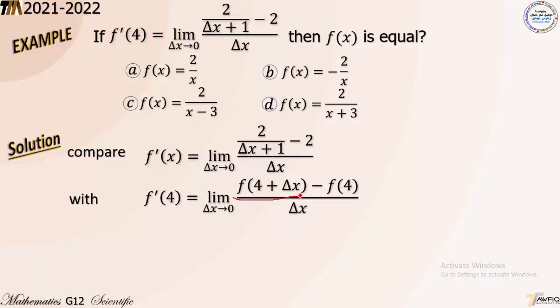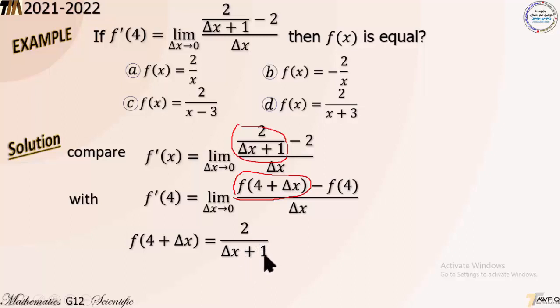This part, f of 4 plus delta x, with the 2 over delta x plus 1. Therefore, f of 4 plus delta x is equal to 2 over delta x plus 1. And now, we must write something equal 1 and be 4.